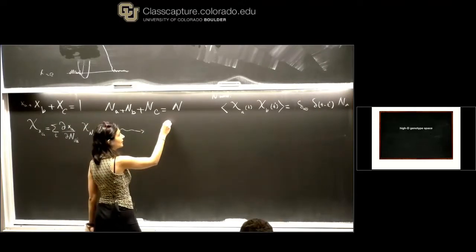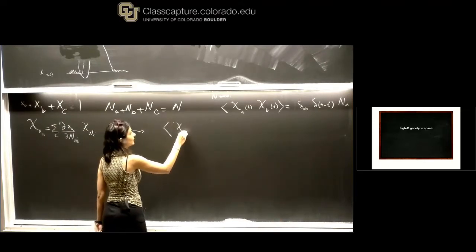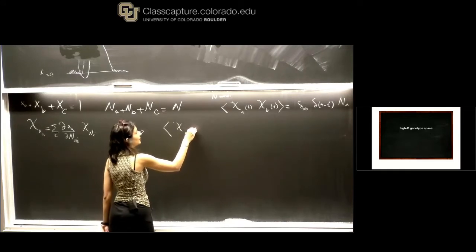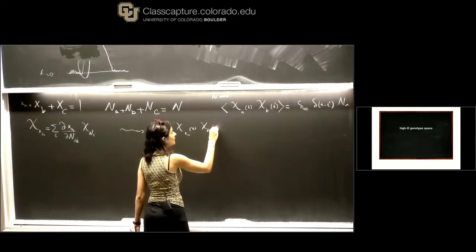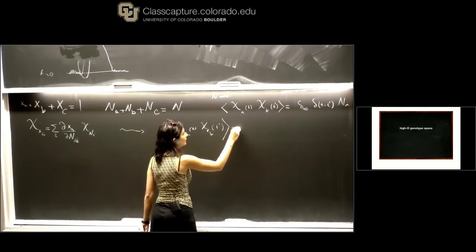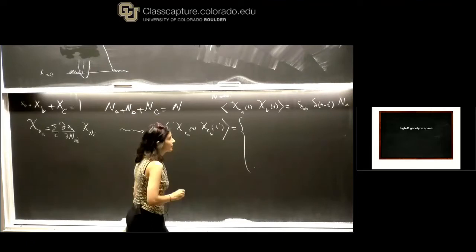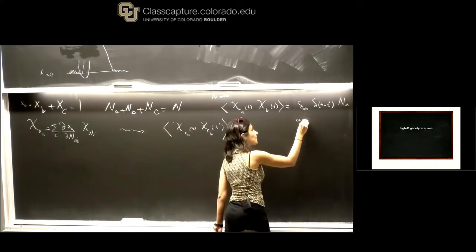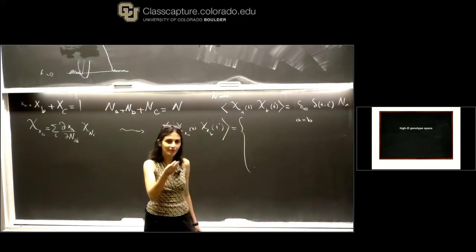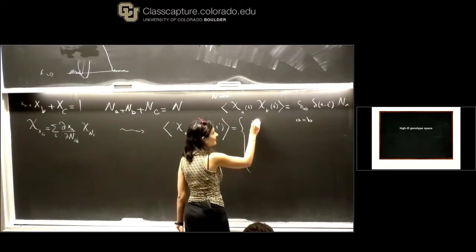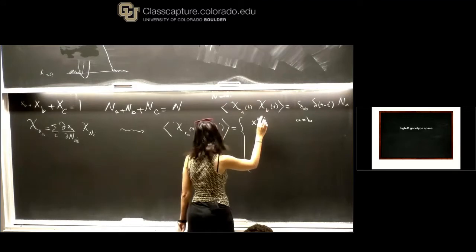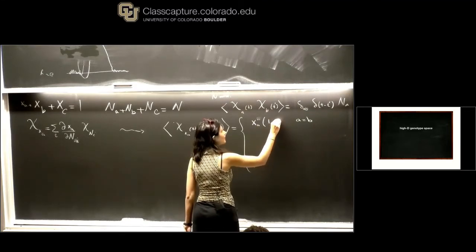If you're on the diagonal, A equal to B, you recover what we had before, which was just x_A times (1 minus x_A).